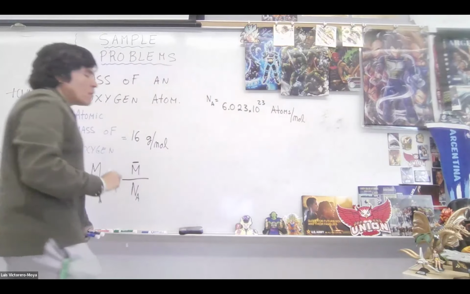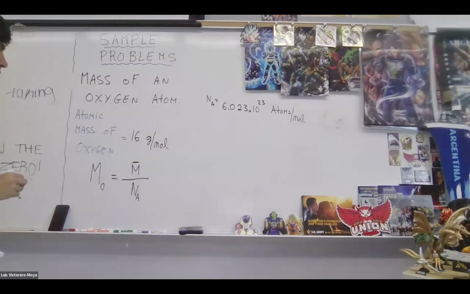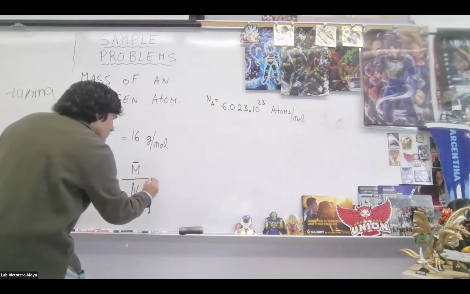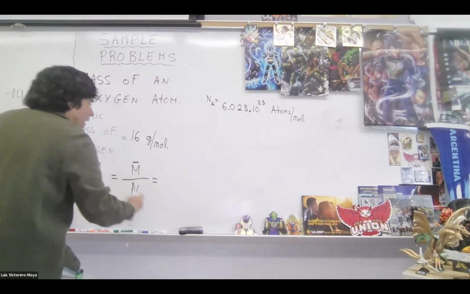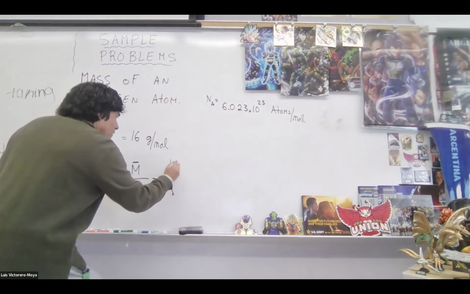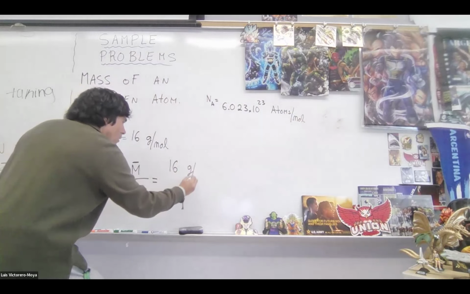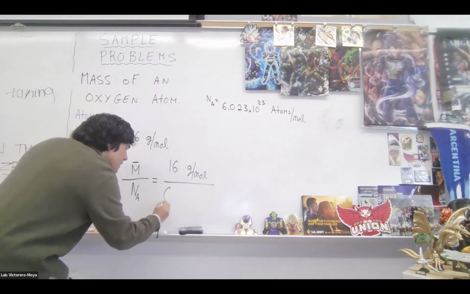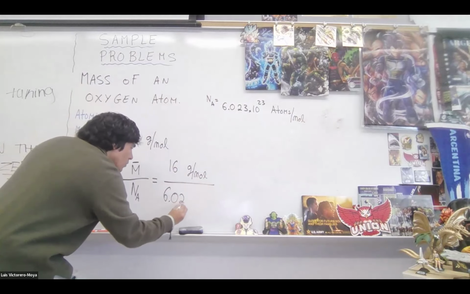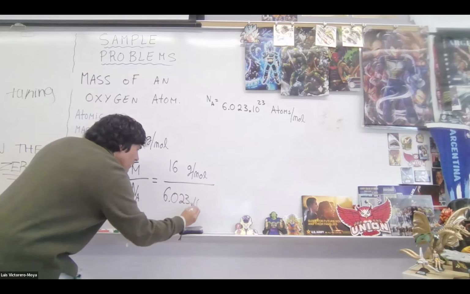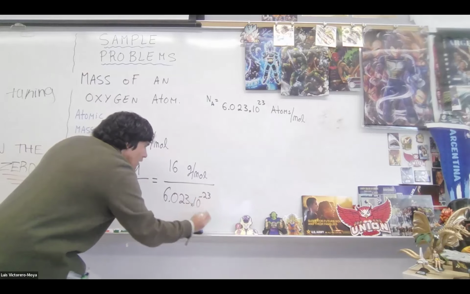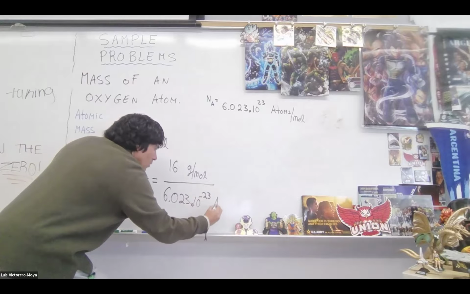It's the number of atoms or particles per mole. So we divide, if you think about it unit-wise, 16 grams per mole over 6.023 times 10 to the 23 atoms per mole.